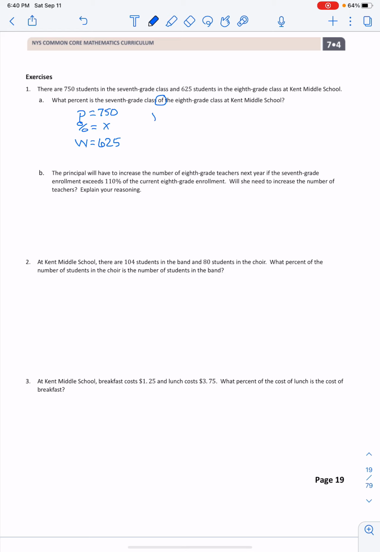So we have P equals percent times whole. So we have 750 equals X times 625. Divide both sides by 625. So we have X equals 1.2, and then that will give us 120%.